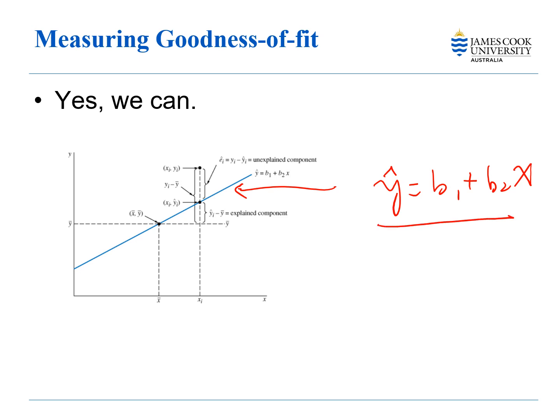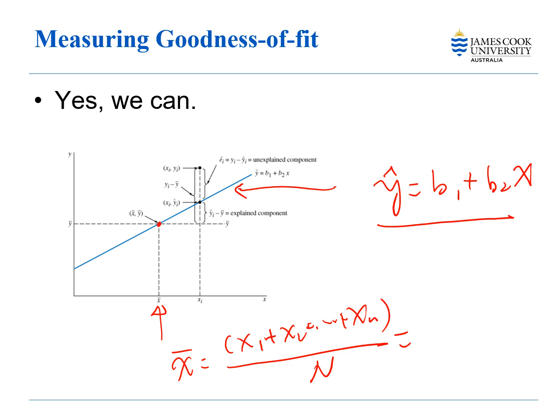Note that this regression line will pass through the sample average. X bar is the sample average. X bar is the sum of x1, x2, up to xn, divided by n, which we can write in a more compact way using this symbol, the sum from 1 to n of xi.